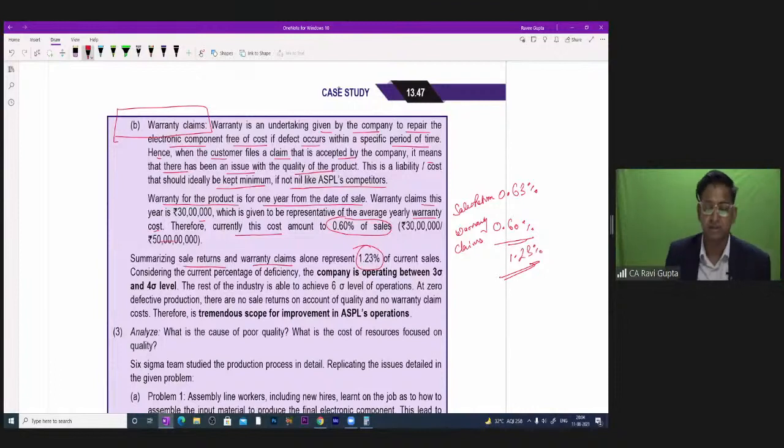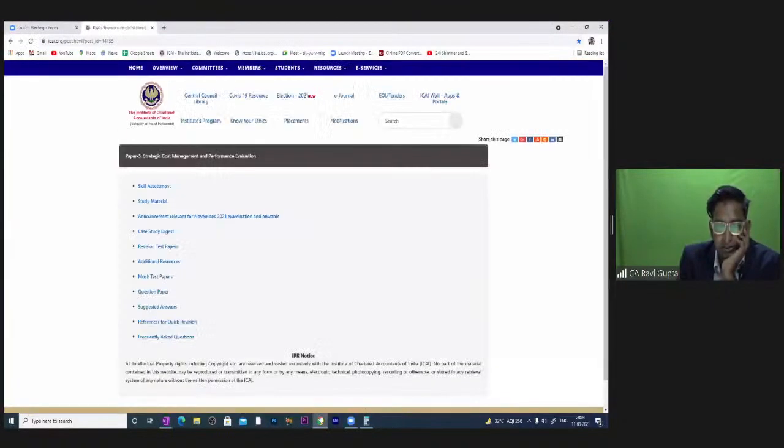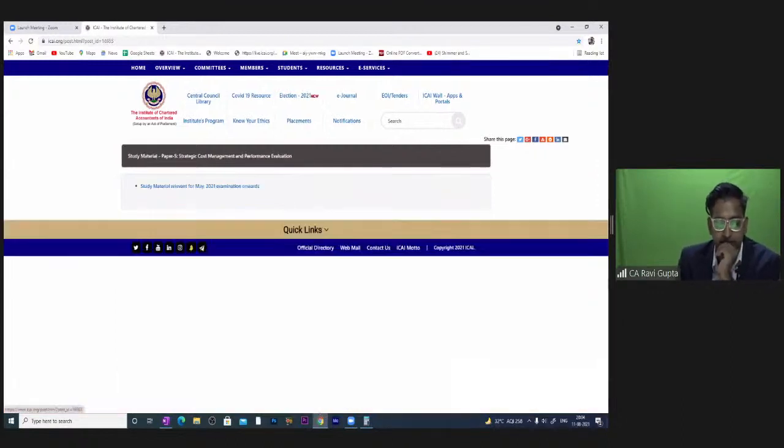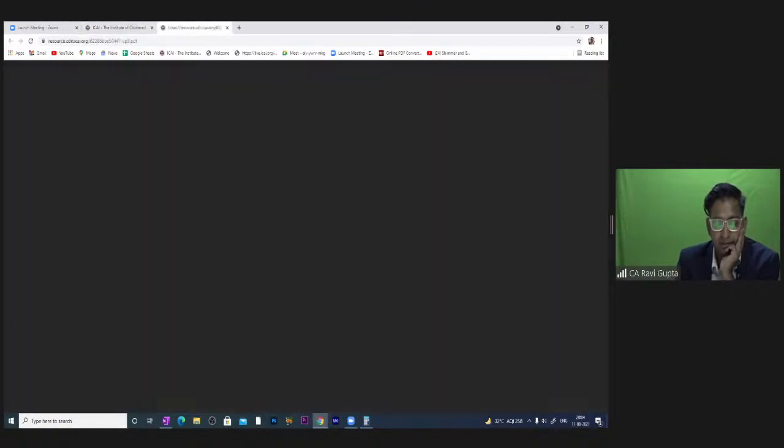Considering the current percentage of the deficiency at which the company is operating, you can refer to your ICAI study material, chapter number 3.